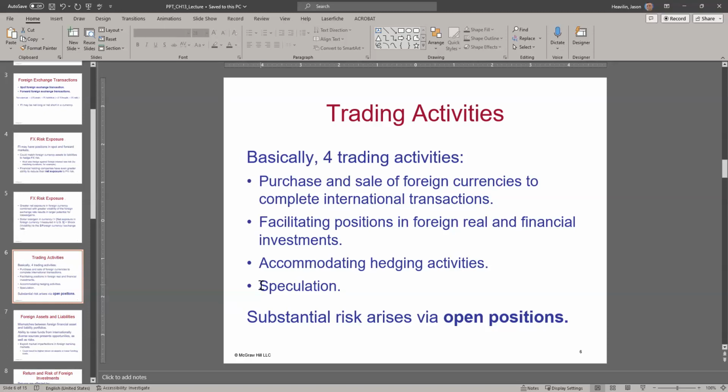However, I must say this now: foreign exchange trading is one of the riskiest forms of speculation. And the reason is because, theoretically speaking, you could make unlimited, infinite gains, because the exchange rate can always become greater and greater, the difference.